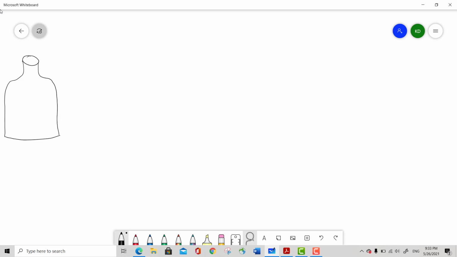So let me just draw this again. Okay. Ugh, it's rough. Oh well. Remember, we've got a tank. The first one is pressure at equal elevations.